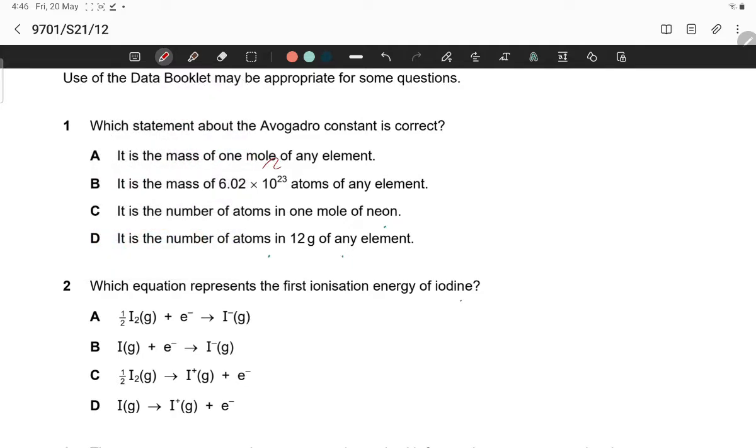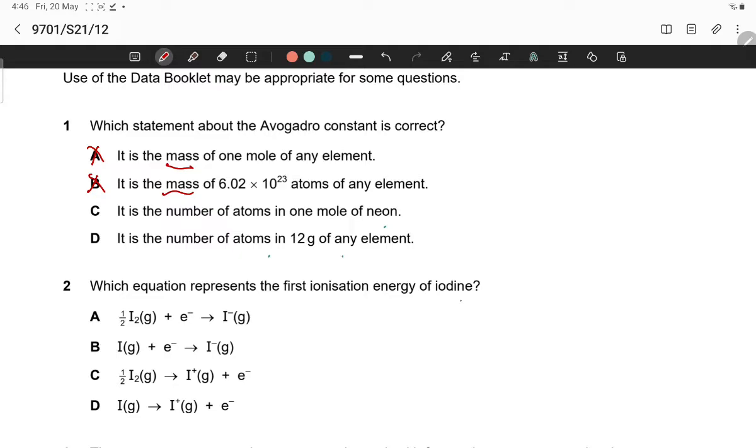It is the mass of 1 mole of any element. So Avogadro constant is not the mass of 1 mole of any element. So this is incorrect. It is the mass of 6.02 into 10 raised by 23 atoms of any element. So this is again not a mass.